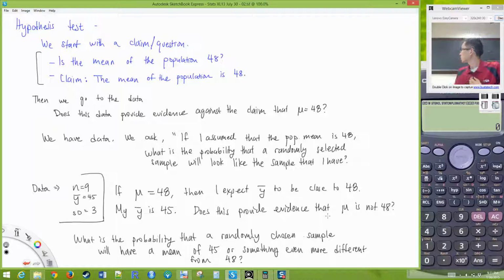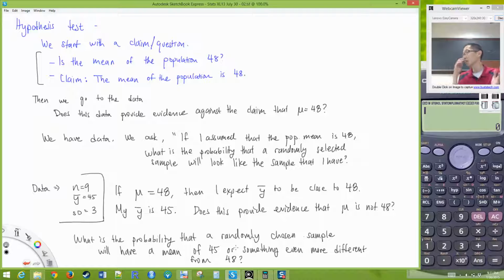And so if the probability says it's quite likely to happen, then we don't have evidence against the claim that mu is 48. On the other hand, if it turns out the probability of getting 45 is really, really rare, because technically anything is possible when you have a random sample. It is possible that by random chance you select 100 people and they all turn out to be male.